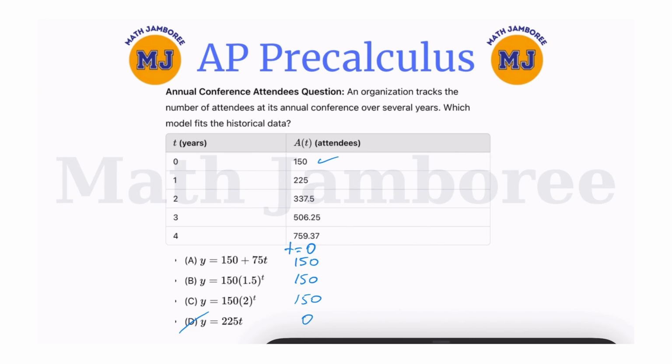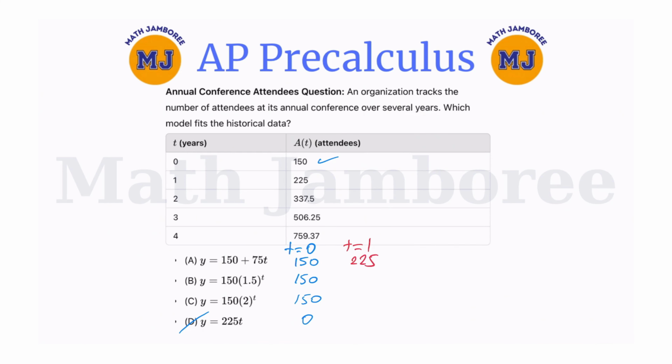For the second value of t, we are going to substitute 1 for t. In choice A, 150 plus 75 gives you 225. In choice B, 1.5 to the power of 1 is 1.5.